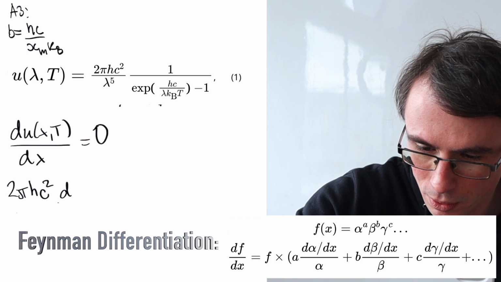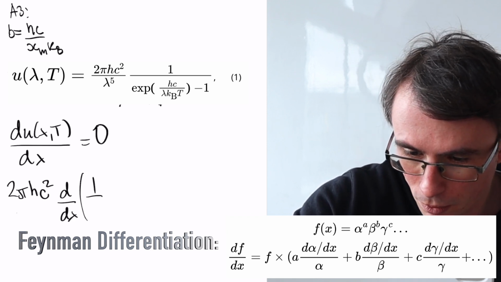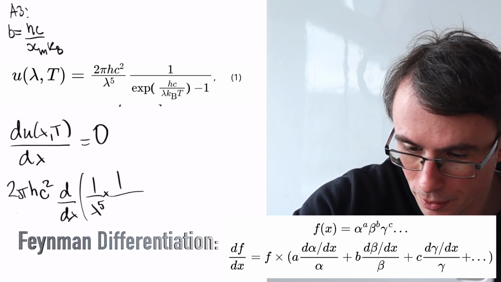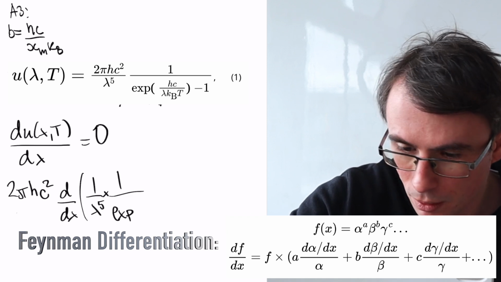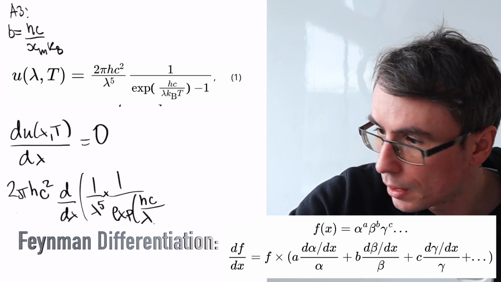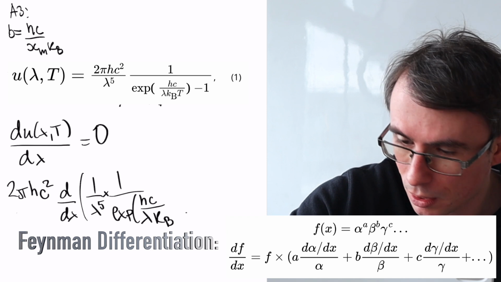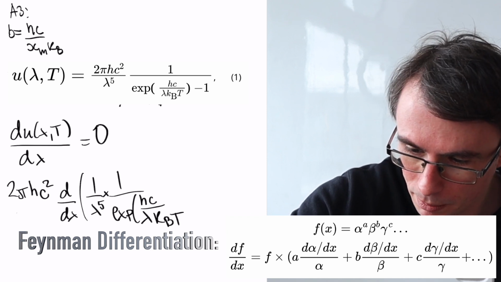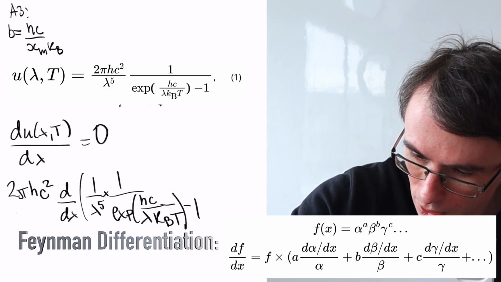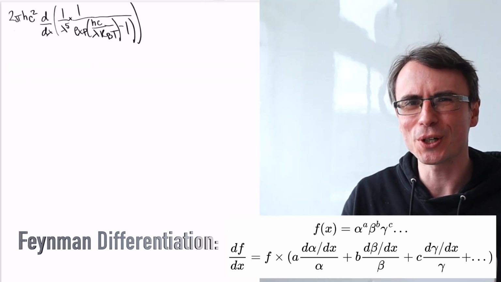And then I'm going to do d by d lambda of whatever is left over here, 1 over lambda^5, and then times by 1 over the exponent of hc over lambda kb, and then multiply this by t, divide it by, take away 1, like so. So how does this differentiation actually work?